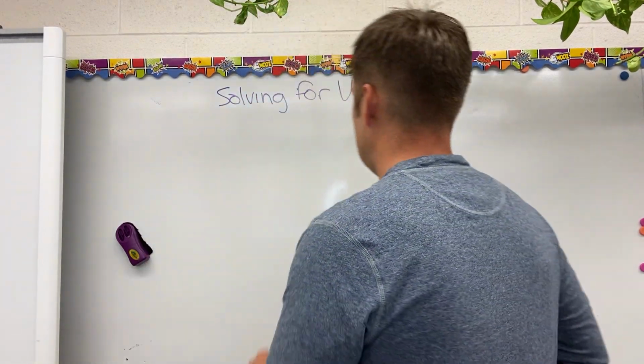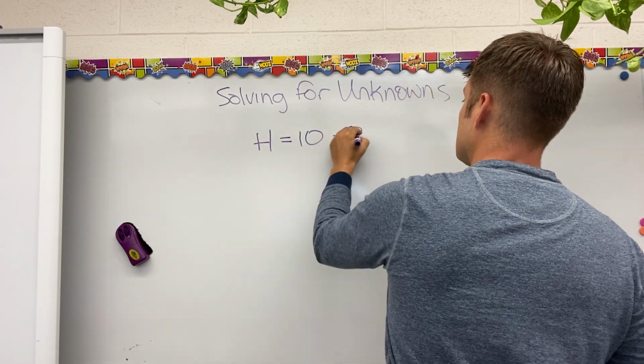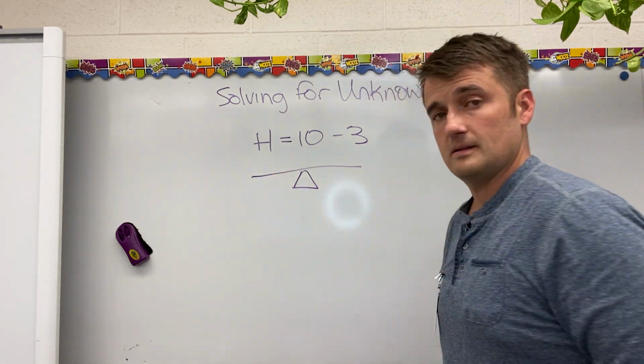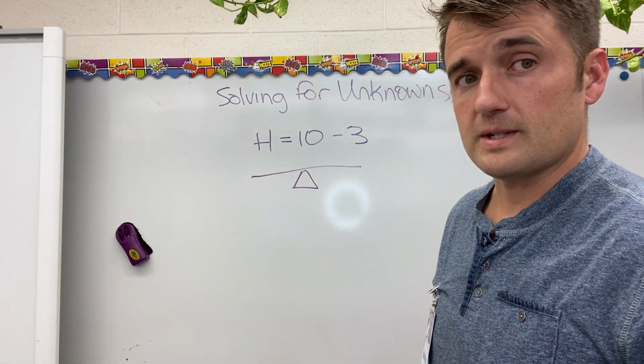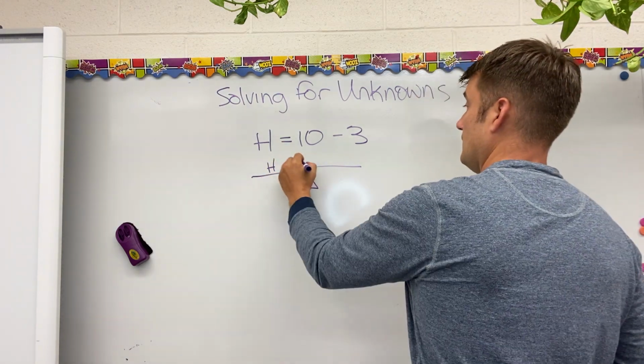How about h equals 10 minus 3? Seesaw. All right. H equals 10 minus 3. H is all by itself.